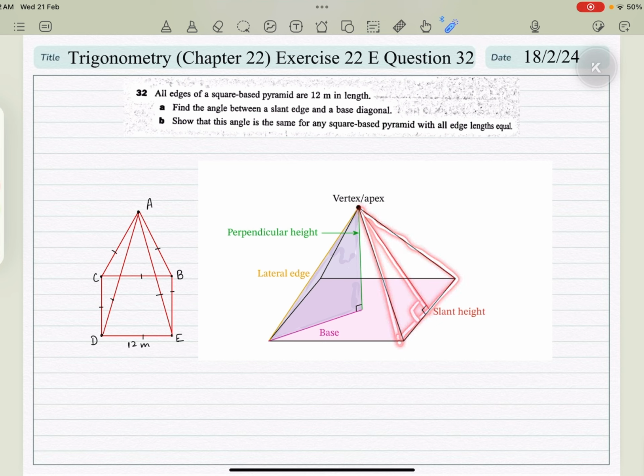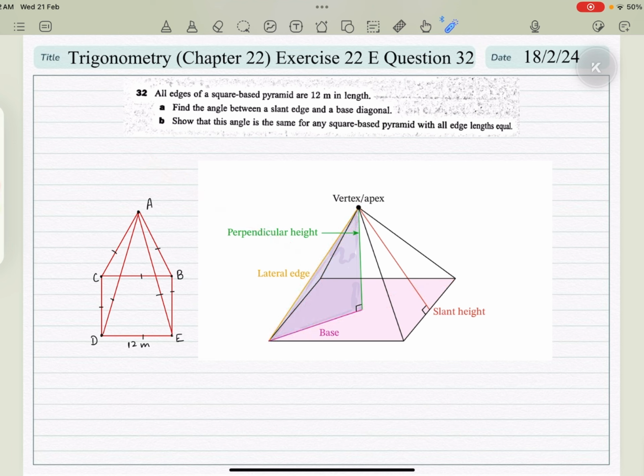Having known that this is the slant edge, what's the base diagonal? The diagonal that cuts through the base. So this is the base diagonal, this is the base triangle. We can consider any one of those. We're going to consider this and this slant edge. So the angle between them, this angle theta, is what we have to find out in this question.